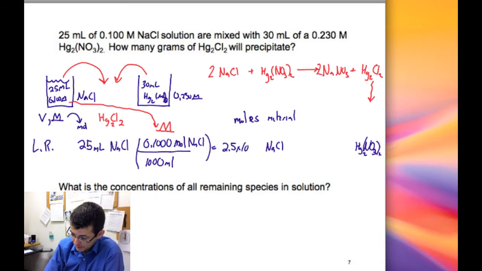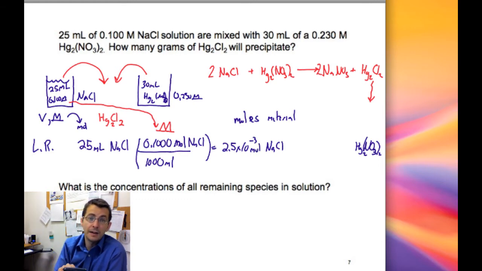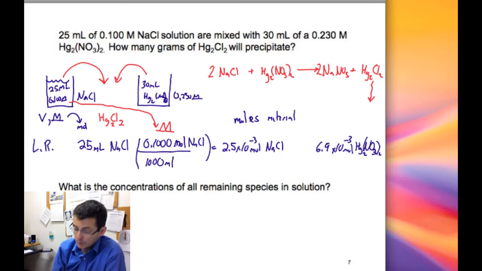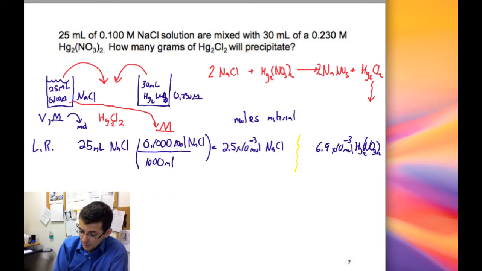2.5 times 10 to the minus third moles of sodium chloride. And then if you do the same calculation for the mercury nitrate, you find that you get 6.9 times 10 to the minus third moles of mercury nitrate. Now, once we have those quantities, we can then figure out which one's the limiting reagent using our standard methods.